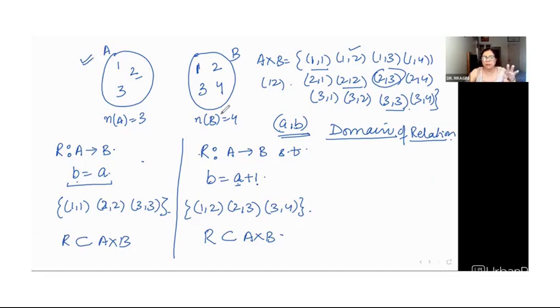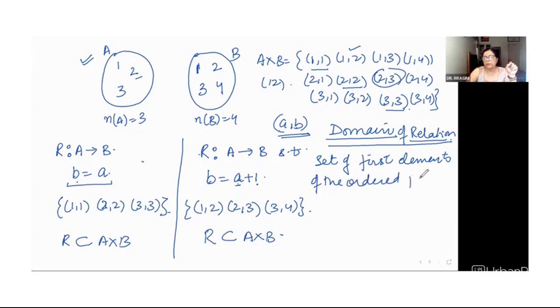And have we taken all the elements here? Because that is the difference we are going to learn in the case of functions. In the case of functions, the domain may not be the same as the domain in the relation because we have different properties. But in the case of a relation, we simply write all the first elements, the set of first elements of the ordered pairs, right? Set of first elements.